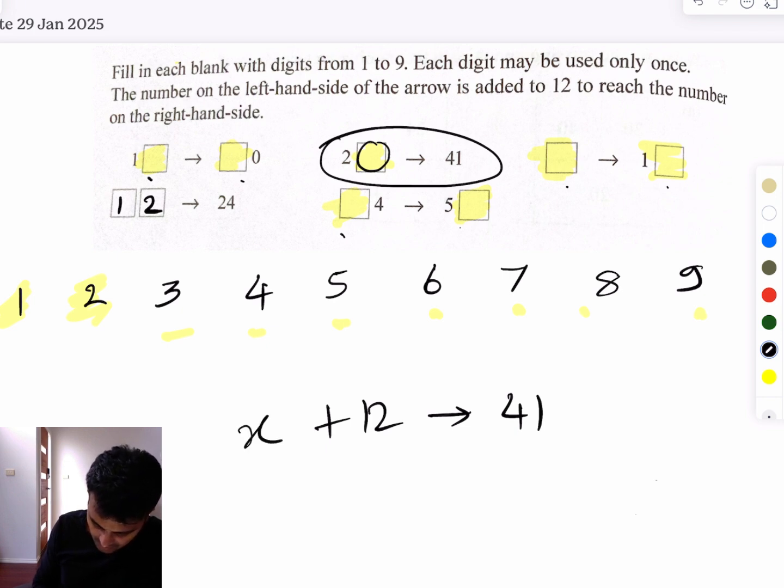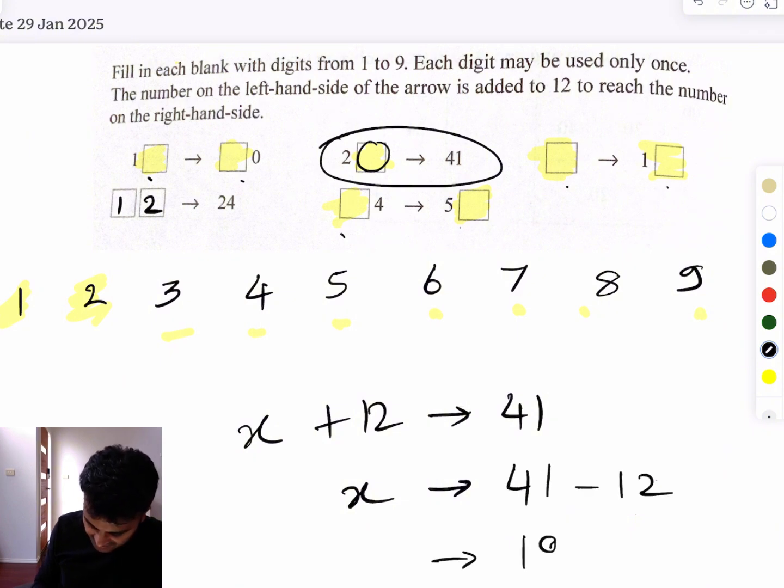So x is 41 minus 12, and the answer is 19. Sorry, the answer is 29. Sorry, my bad, the answer is 29.